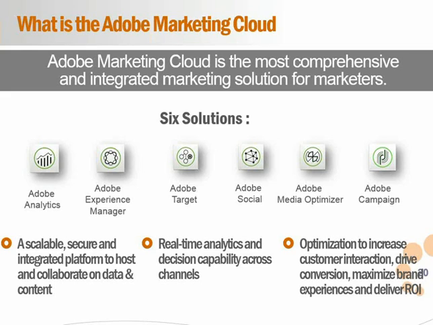So earlier they had Analytics from Omniture, they had Experience Manager, the content management part of it. Then they had Target, very powerful platform, Adobe Social for social media publishing, and they had the Media Optimizer for the keyword tracking and media optimization, and then they added Campaigns, which is what Adobe Campaign is, the new kid on the block. So, it's a regularly evolving tool set.